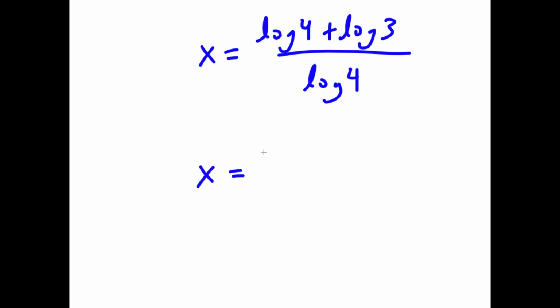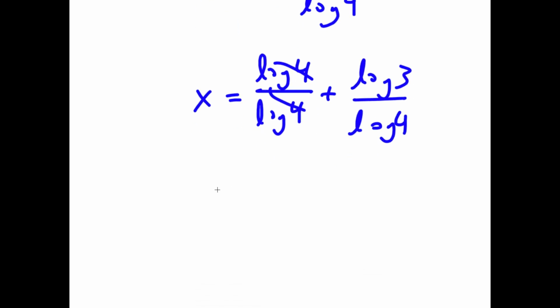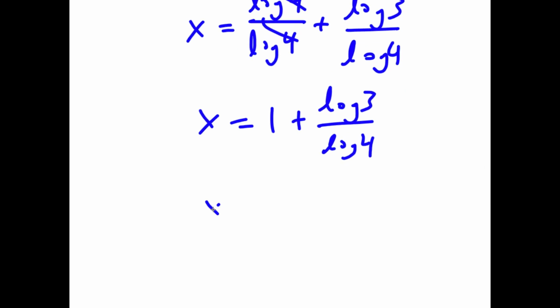So now this is the same thing as log 4 over log 4 plus log 3 over log 4. Now log 4 and log 4, these two cancel out. So now I get x is equal to 1 plus log 3 over log 4. And log 4, that's the same thing as 2 squared.